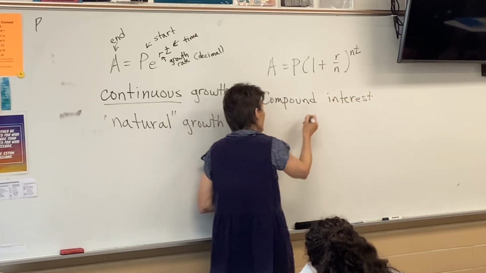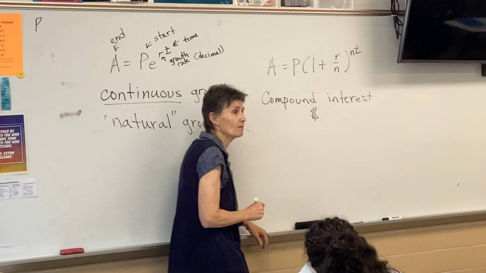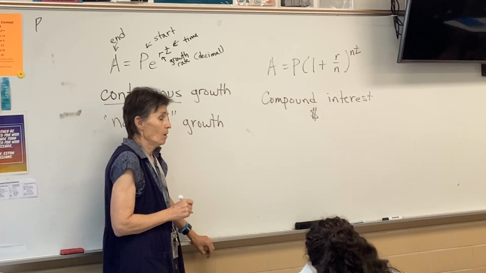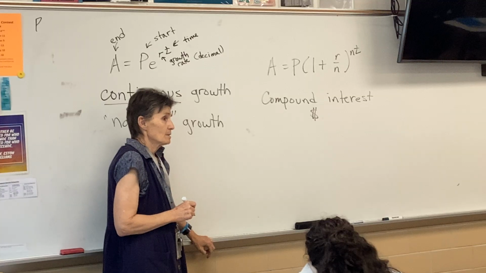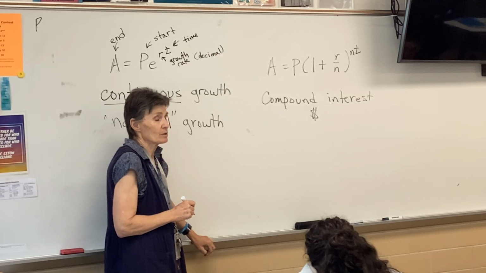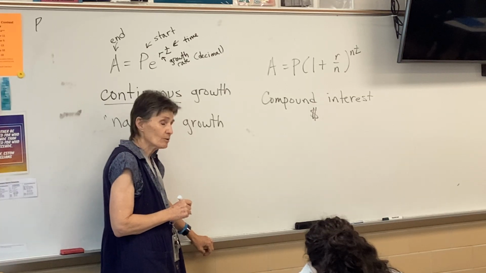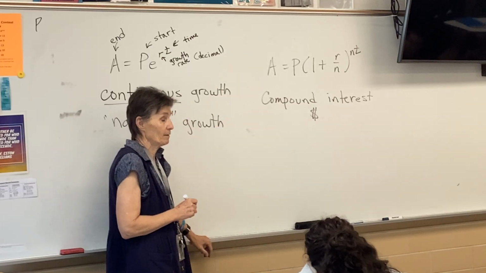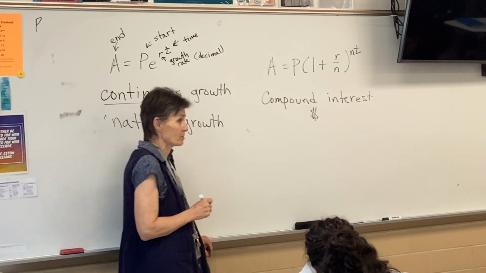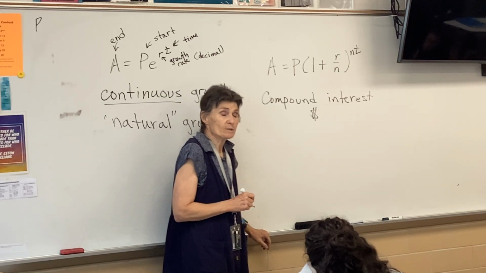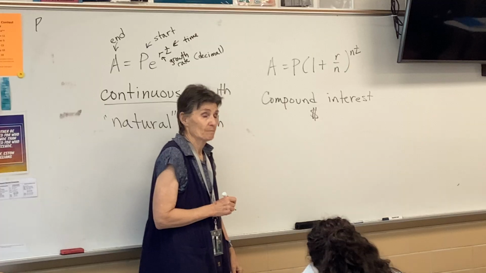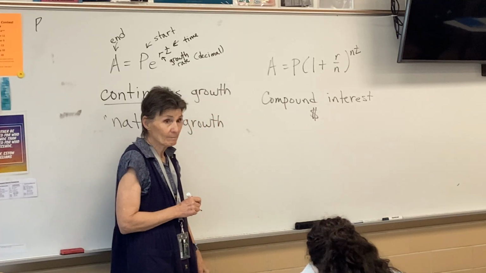It is only used with money. Only. So if you're talking about a bacteria population, you will never be using that formula. If you're talking about your bank account, interest compounded monthly, you'll be using that formula. Okay, got it? Got it.